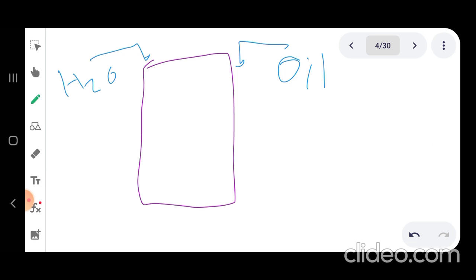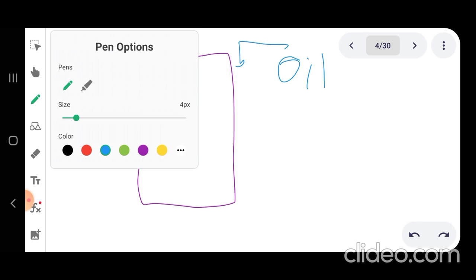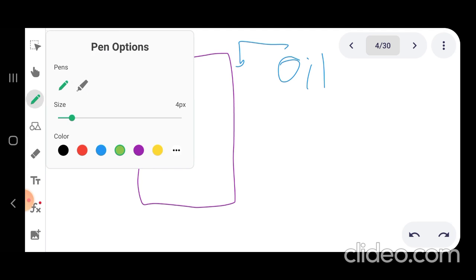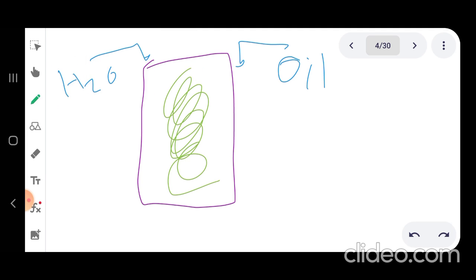Then what happens inside this container? You're going to see a mixed oil and H2O mixture.